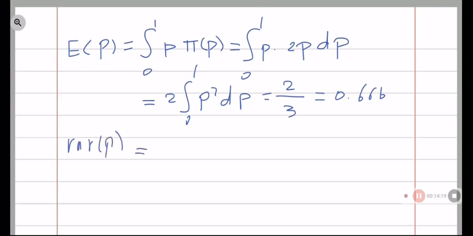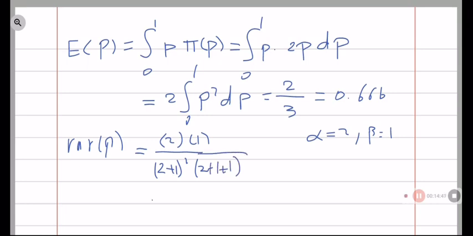And then the variance of p, because we have alpha equal 2 and beta equal 1, will be 2 times 1 divided by 2 plus 1 squared times 2 plus 1 plus 1.